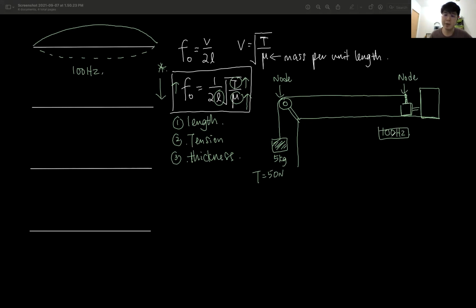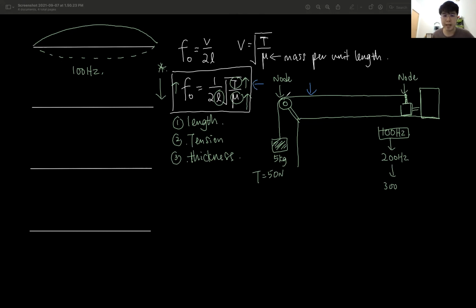And if I increase the frequency to 200, what can you expect here? You will expect to see the second harmonic. If I keep on increasing to 300, then you will see the third harmonic. Of course, it depends on the string first.